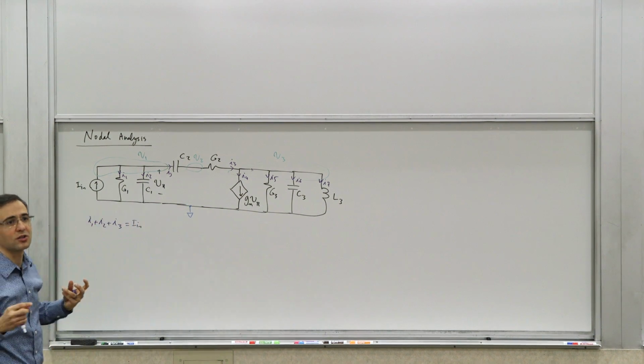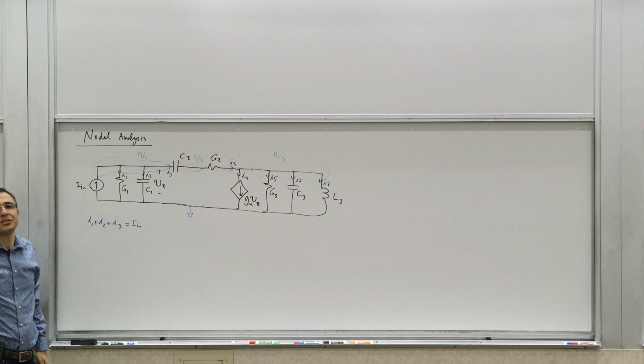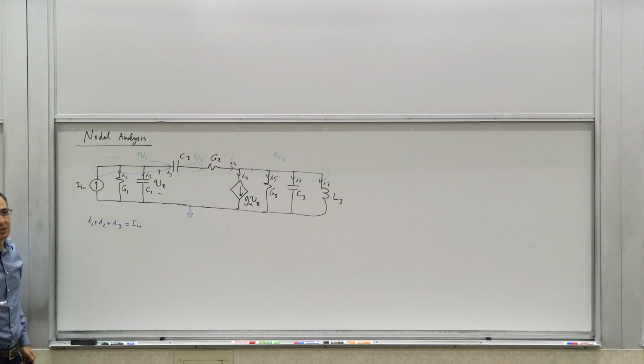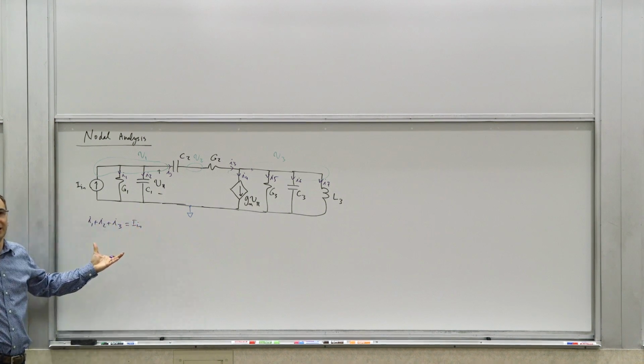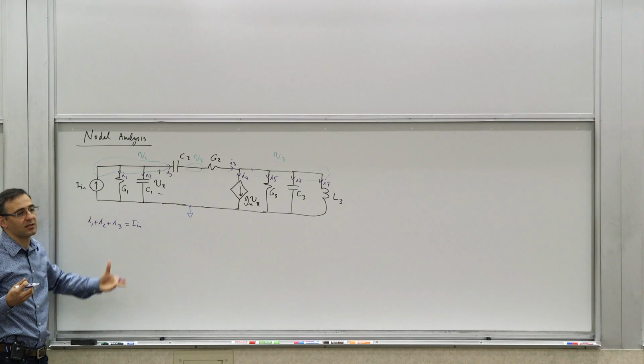There's no net charge accumulation on any of the nodes. And that comes from Maxwell equations if you essentially assume that the speed of light is infinity, which is another way of saying that the dimensions are much smaller than the wavelength. So for us, from a circuit perspective, the assumption is that the speed of light is infinity. The propagation happens instantaneously, and that simplifies the Maxwell equations to what turns out to be the circuit's equations.